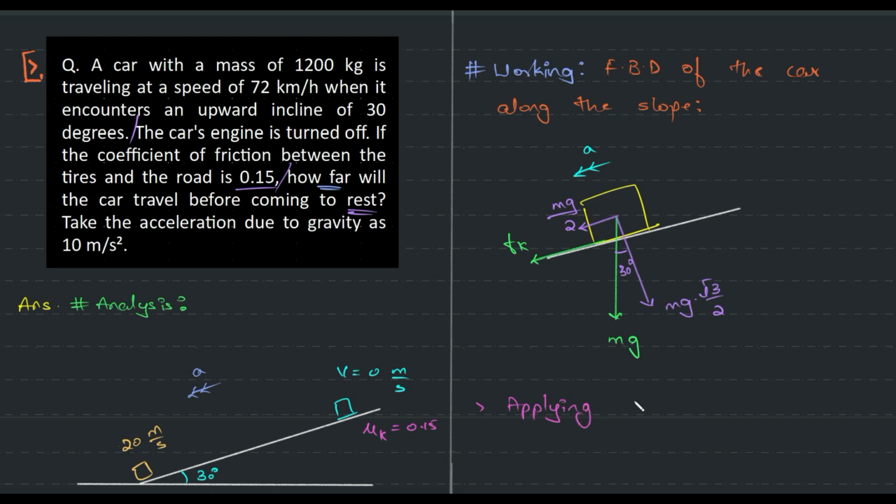Applying Newton's second law along the slope, what we have here is mg by 2 plus Fk is equal to mass into acceleration.